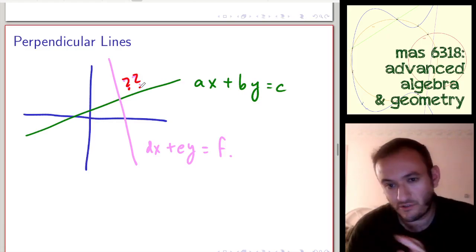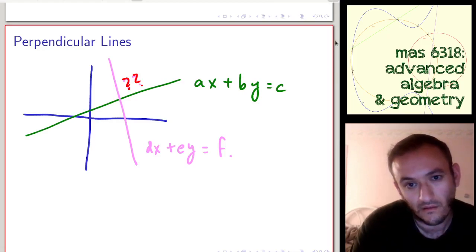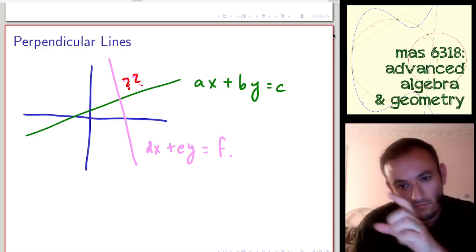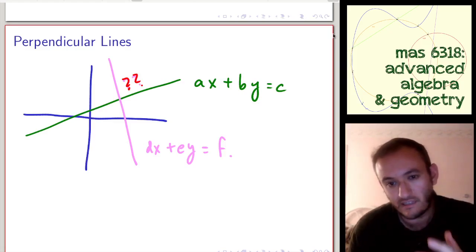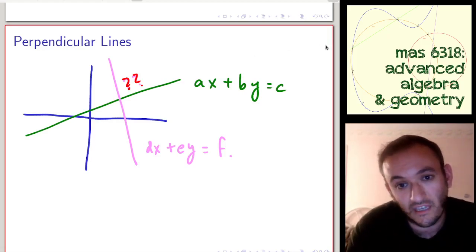Well, I'm going to try and simplify this by putting everything at the origin. We know that moving a line horizontally or vertically doesn't affect whether or not this pair of lines will be perpendicular.